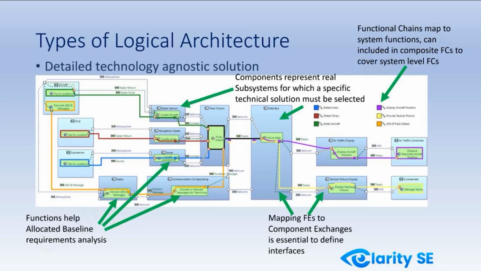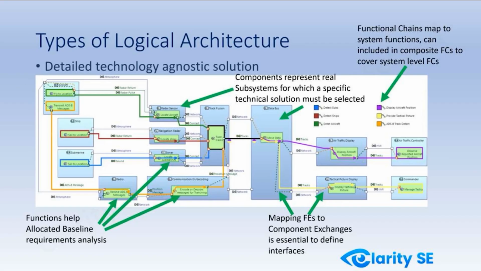So we can see on the far left-hand side here, we've got an aircraft, a ship, and a submarine that are doing various things, and we can see that the ship is taking in that information via, at the top there, a radio sensor, then a radar sensor, an aviation radar sensor. We've got a navigation radar to work out where the other ships are around, and we've got a sonar sensor there as well as the radio to receive messages, perhaps an ADS-B message to let us know what's going on.